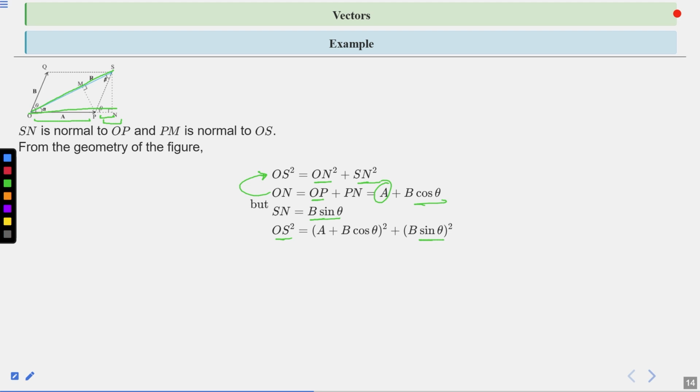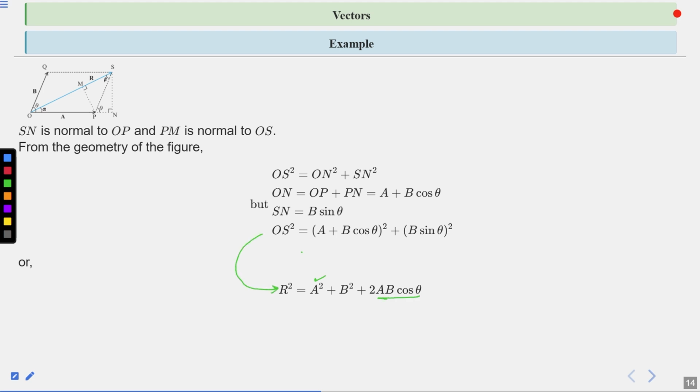So solve this. R square is equal to, because OS is the resultant vector from the parallelogram law of vector addition, it will be A square plus B square plus 2AB cos theta. How?